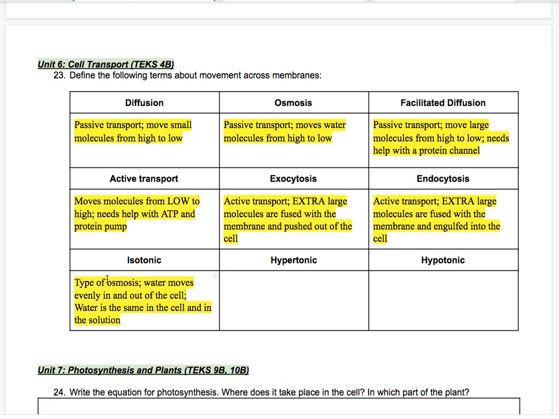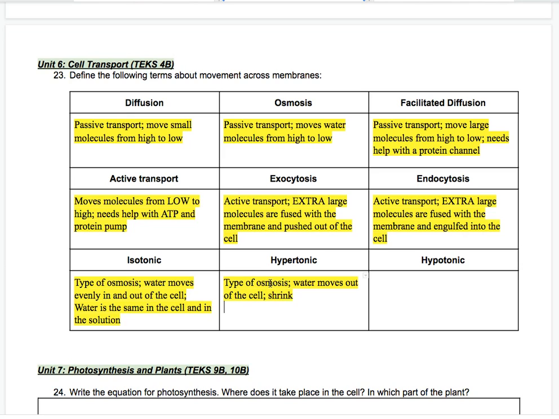Next, we have hypertonic solutions. And again, this is another type of osmosis. In hypertonic solutions, water moves out of the cell. The water is moving out of the cell and it's causing the cell to shrink.